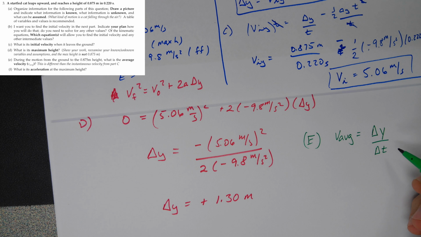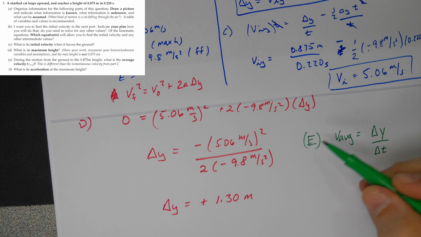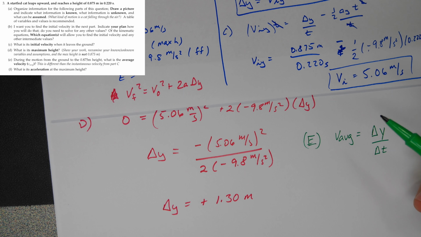And I try very much to give you problems where you don't have to have solved part C to solve part E. All we need out of this is the numbers we started with in the problem.